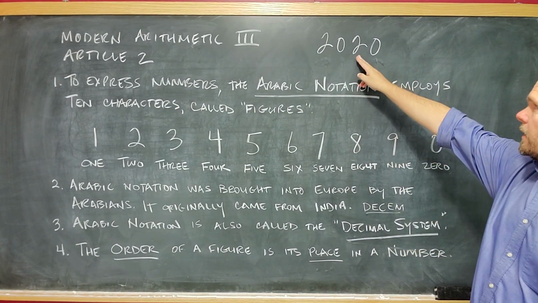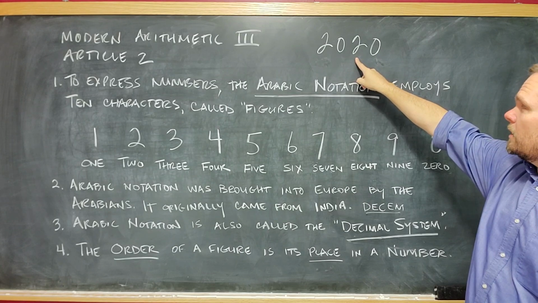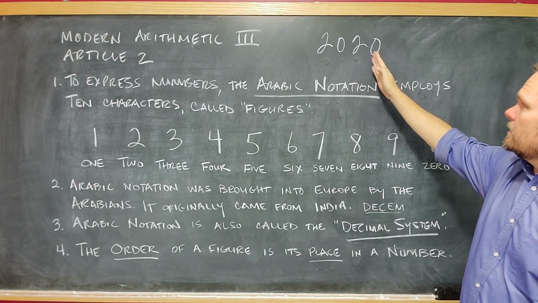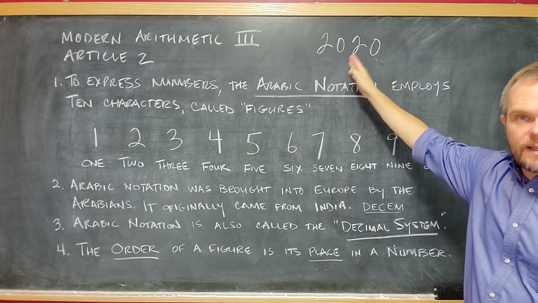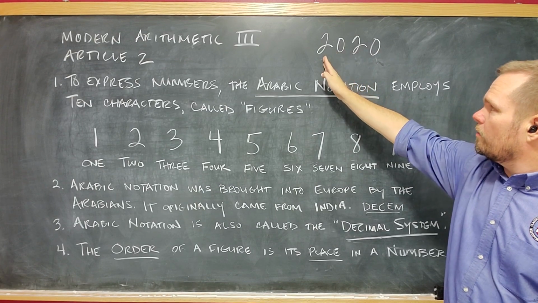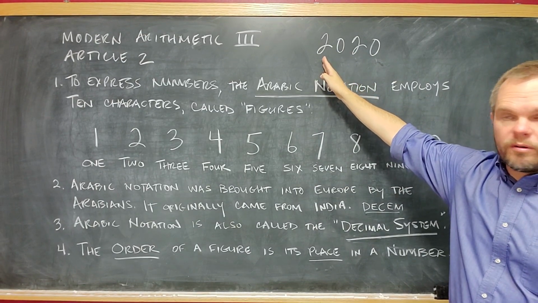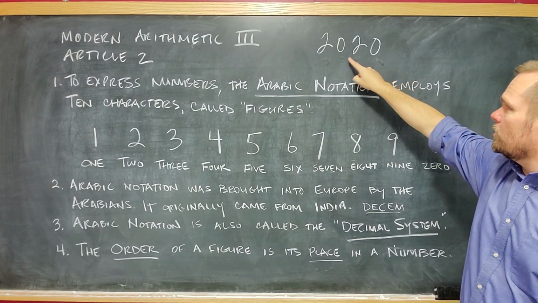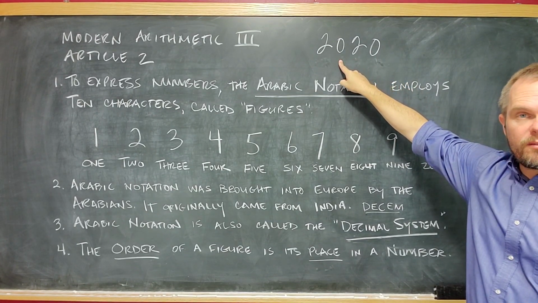So here, this number 2, the order of this figure is the second place, or the second order. This number 2 is in the 1, 2, 3, fourth place, or fourth order. This figure 0 is in 1, 2, third place, or third order.